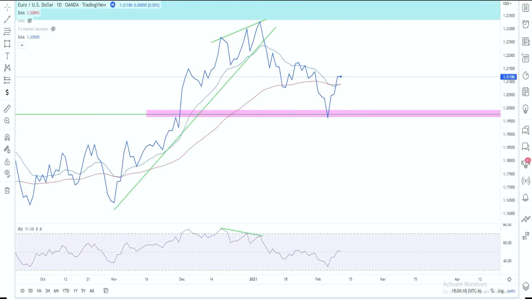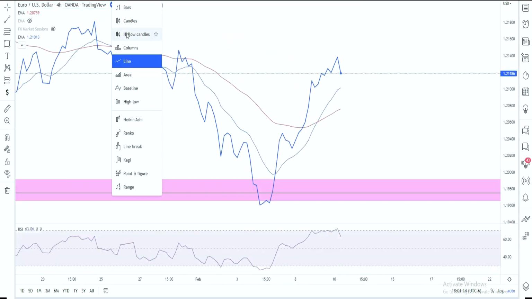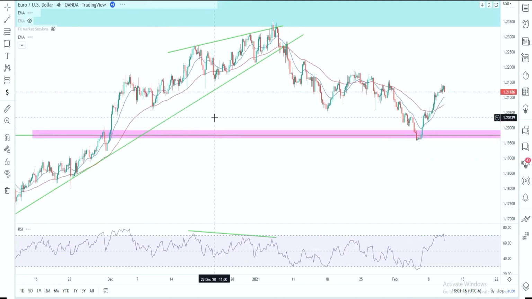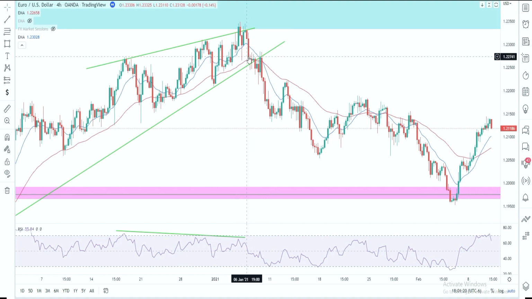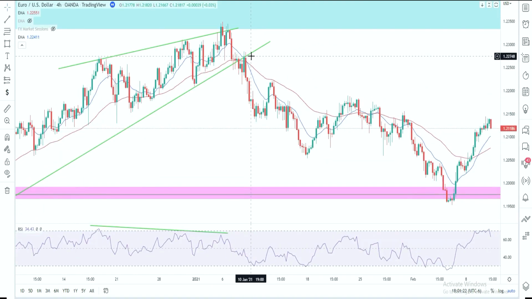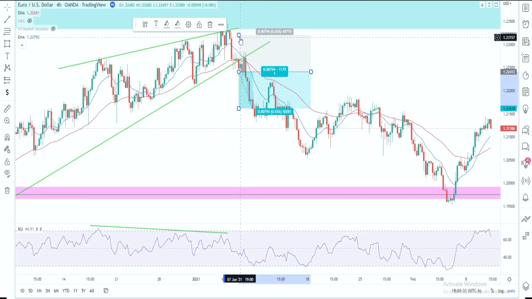And then let's go down to the 4 hour because we want a better entry. Let's look for the break. So we have got a break right there. That would be our first potential entry right there.